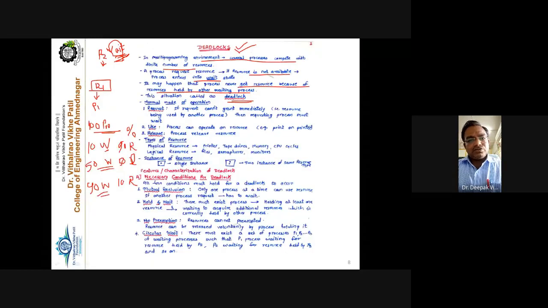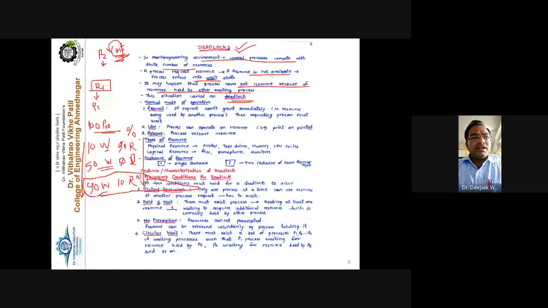So the percentage of waiting processes keeps increasing, and the percentage of running processes decreases as time passes. If this situation occurs, we can say that the system enters into the deadlock state. This is the complete deadlock of our system.